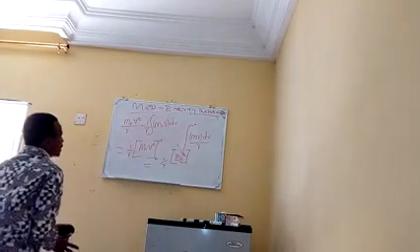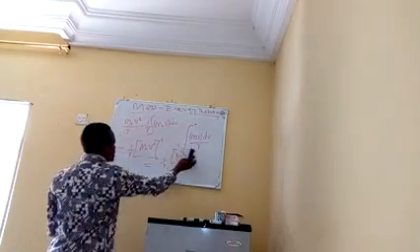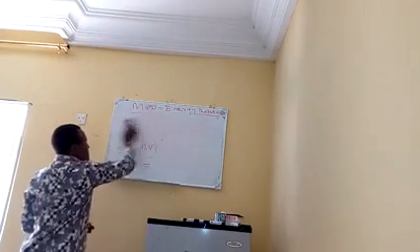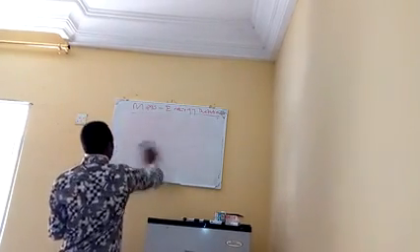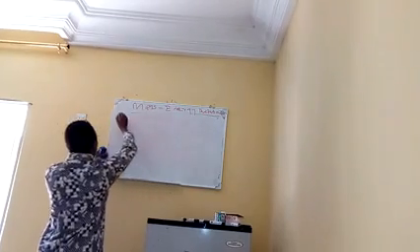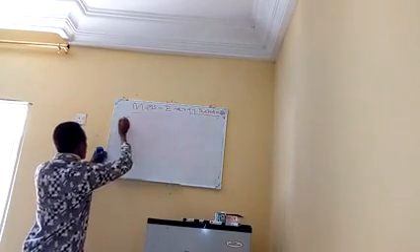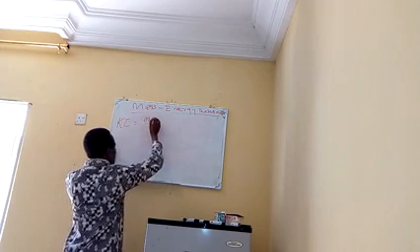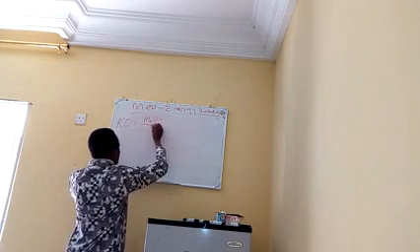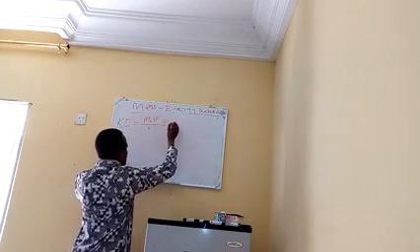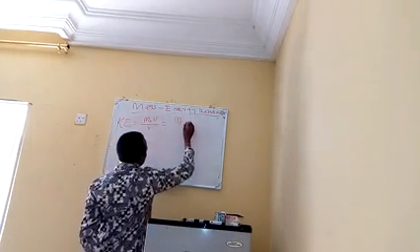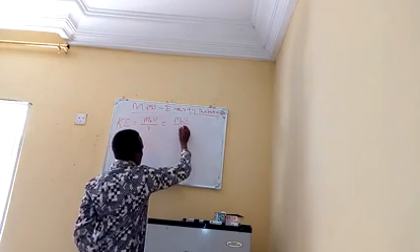So in a sense, kinetic energy becomes KE is equal to m naught v squared over gamma minus m naught v squared over 2 gamma.